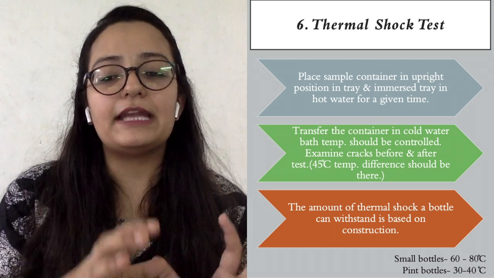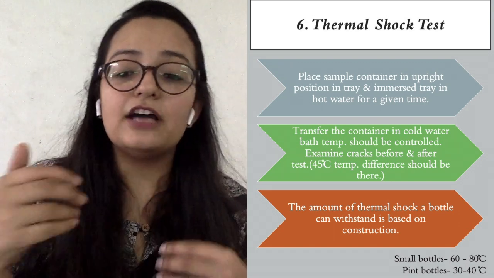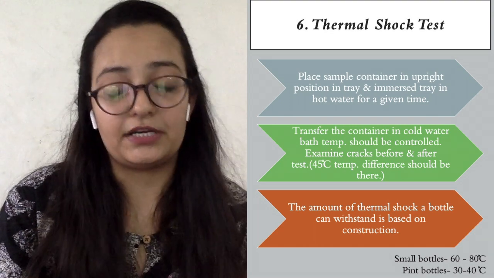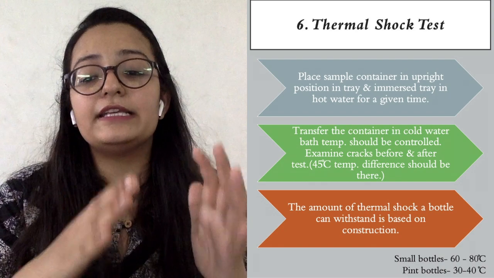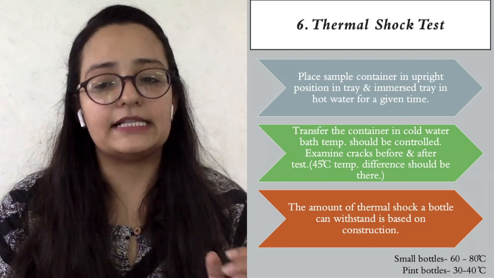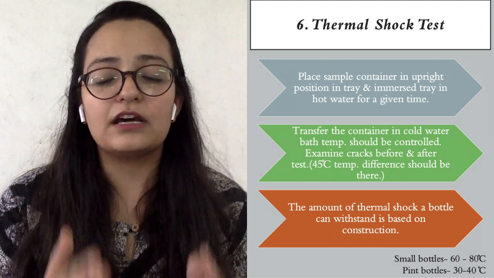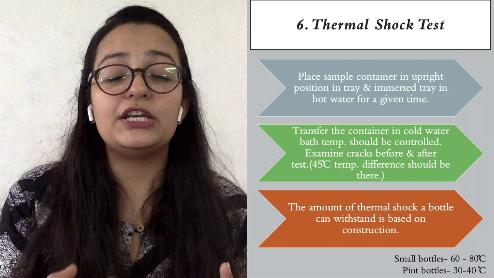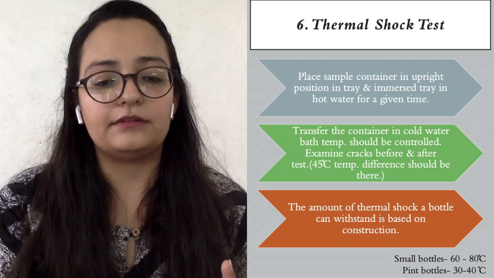Almost a 45-degree temperature difference should be there, and the amount of thermal shock a bottle can withstand is based on the construction. Small bottles generally 60 to 80 degrees Celsius and pint bottles 30 to 40 degrees Celsius. So by using this thermal shock test, we can examine how much temperature the container can tolerate.